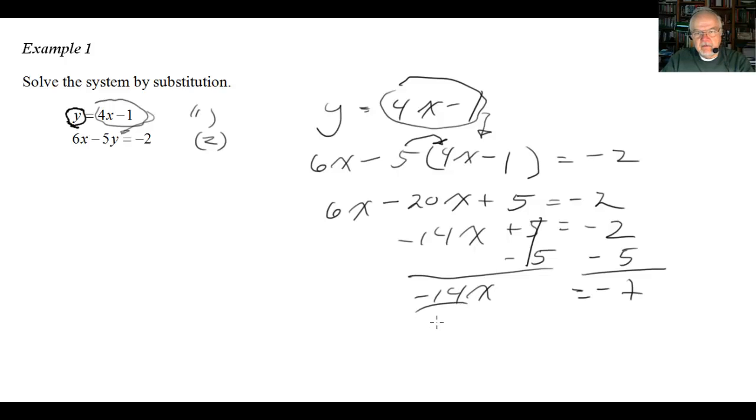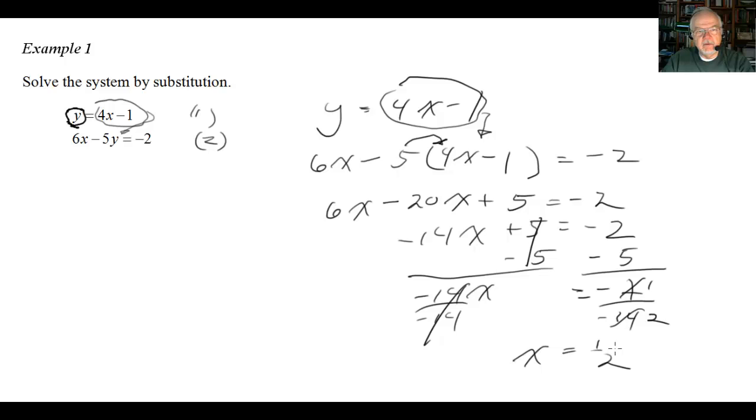Oops, sorry. Divide both sides by minus 14. And that's 1. So we get x equals, minus divided by a minus is a plus, and 7 goes into 7 once, 7 goes into 14 twice. So this is a half.